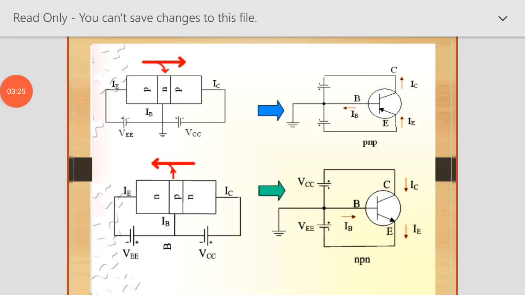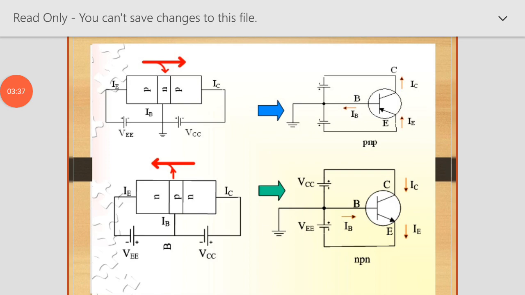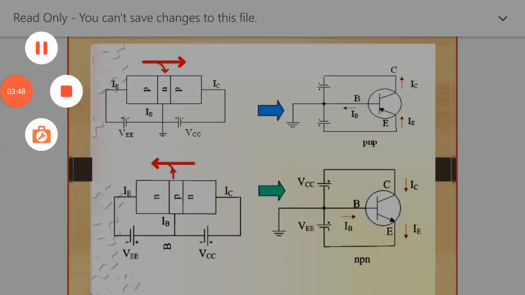We see in the diagram the collector, base and emitter. The base is common to both input and output voltage, the same as in the NPN transistor. In the NPN type transistor, the base terminal is common. The input current is IE and the output current is IC.